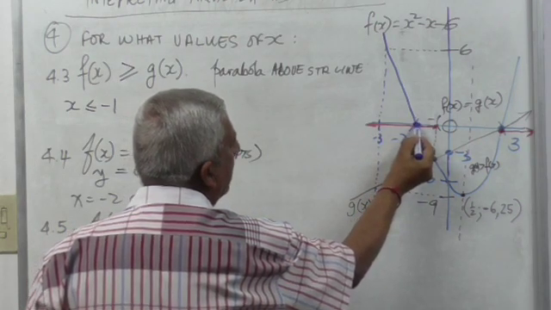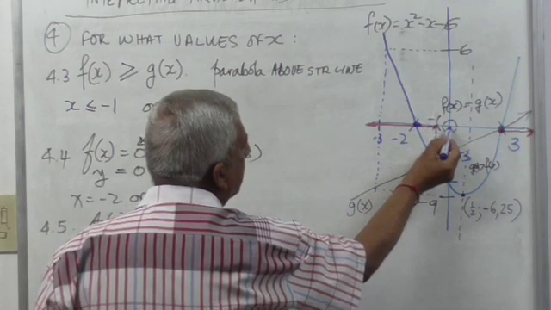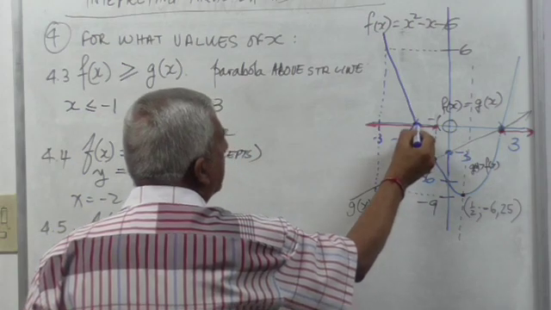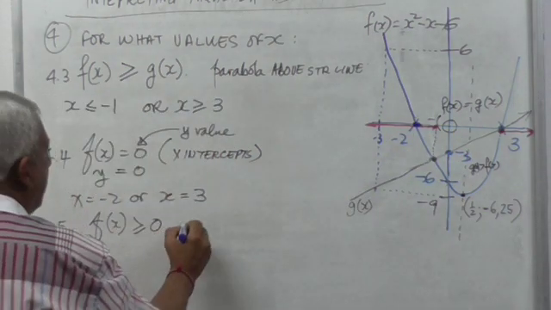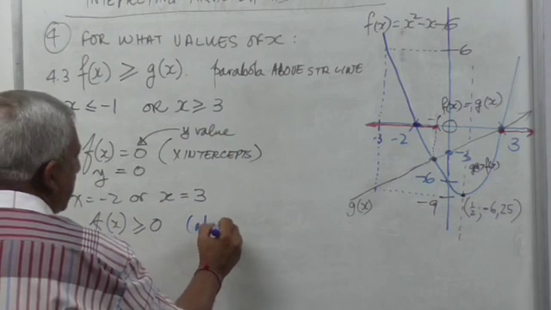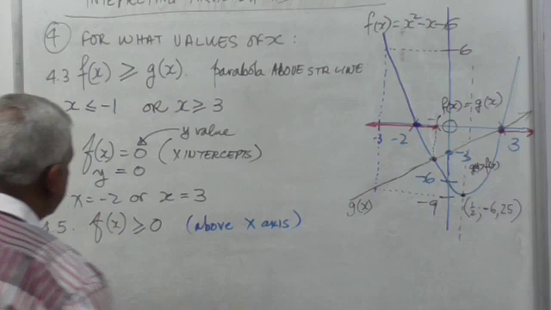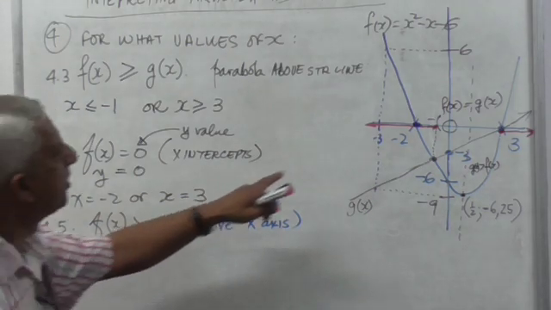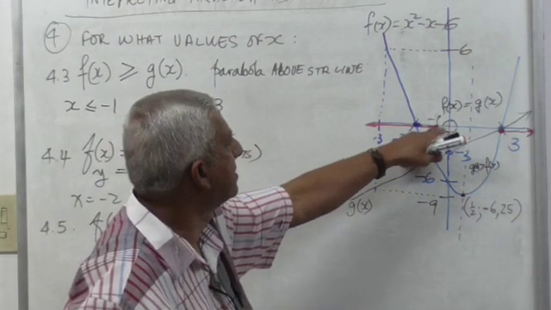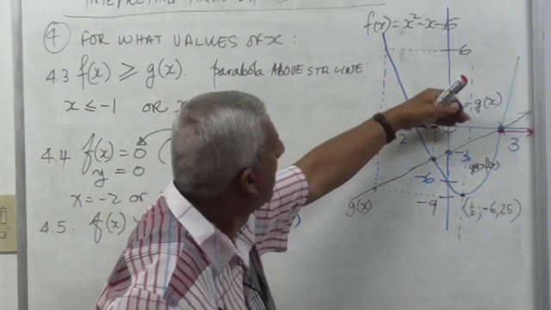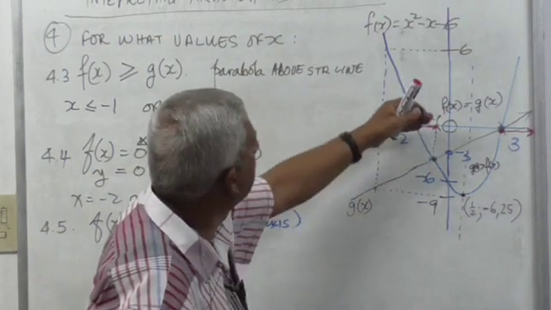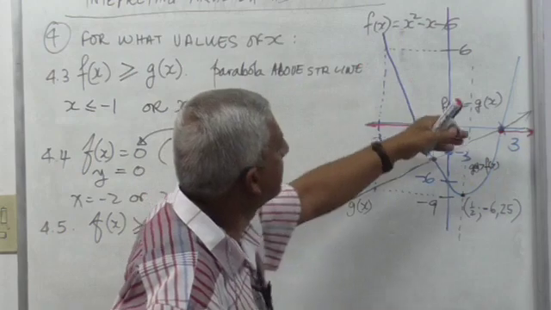So f of x greater than this simply means above the x-axis. F of x greater than 0, because it is 0 here on the x-axis. Therefore, greater than 0 are all these numbers. So that means the arms above the x-axis.